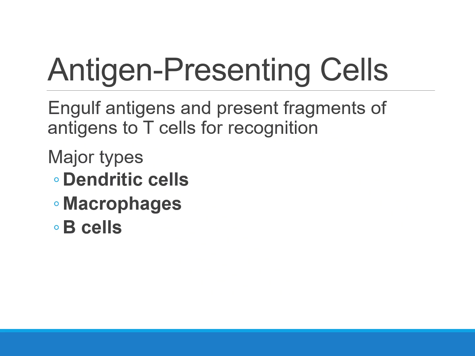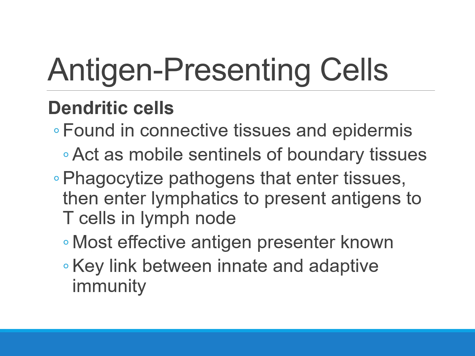What about antigen presenting cells, or APCs? These engulf antigen and present fragments of the antigen to the T cells for recognition. There are 3 major types that we talk about: the dendritic cells, the macrophages, and B cells. Dendritic cells are found in your connective tissue and your epidermis. They act as mobile sentinels, just cruising around in the boundary tissues looking for something that shouldn't be there.